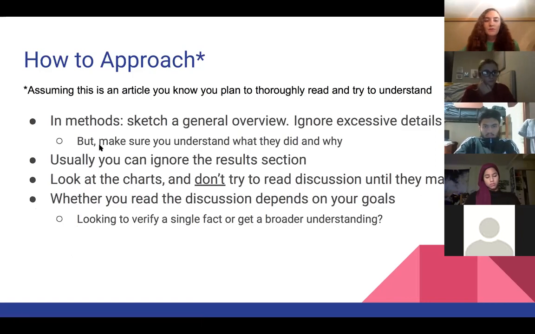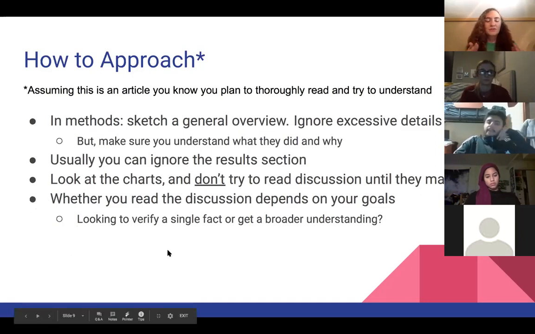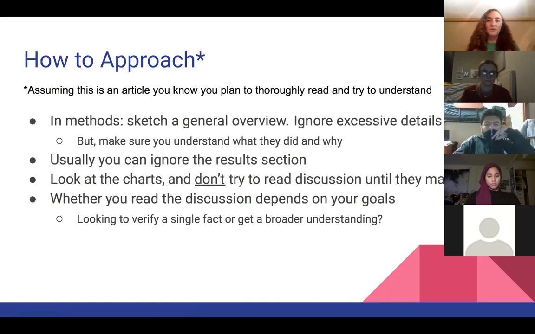Methods in general, when you're reading the methods section, you don't really need to get into the nitty gritty details, because you're not replicating the experiment. But you want to understand what they did and why.